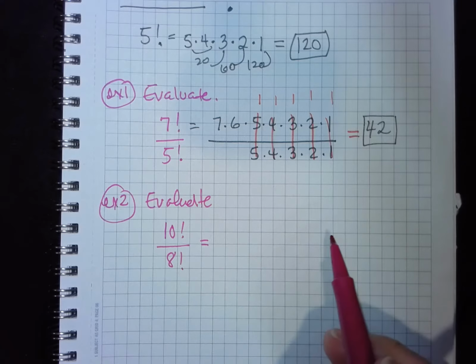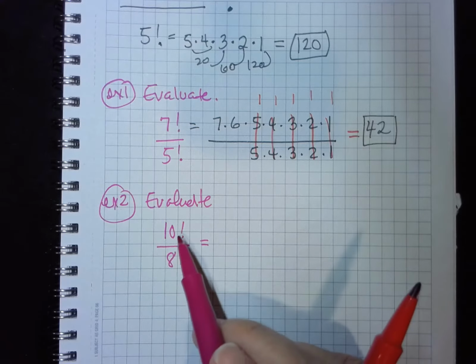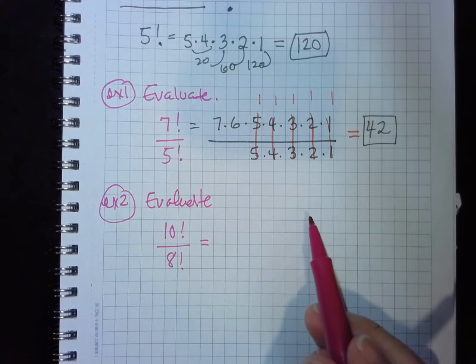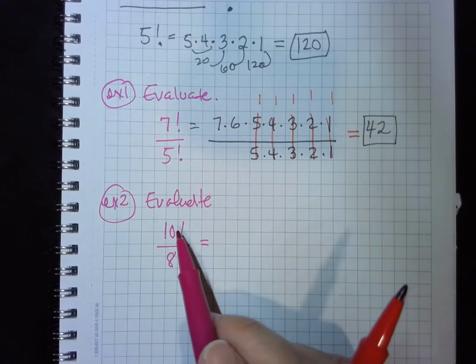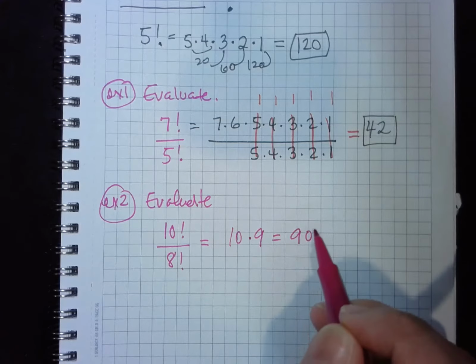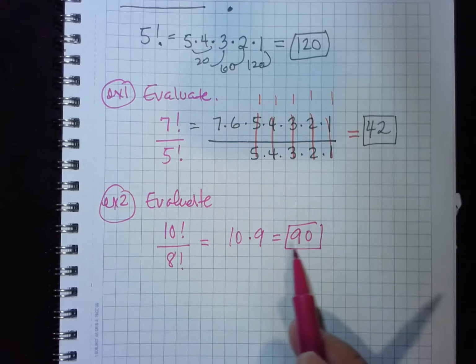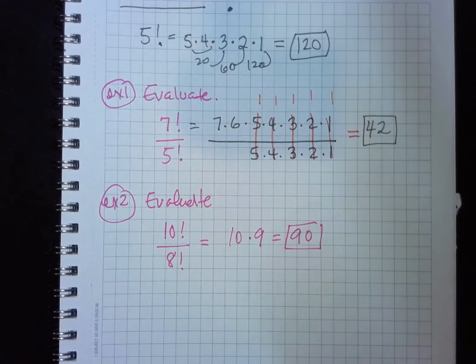So I don't really have to write all those out. Once this 8 factorial divides out with 8 down, then all I'm left with is 10 times 9, and 10 times 9 is 90. So 10 factorial over 8 factorial is going to be equal to 90.